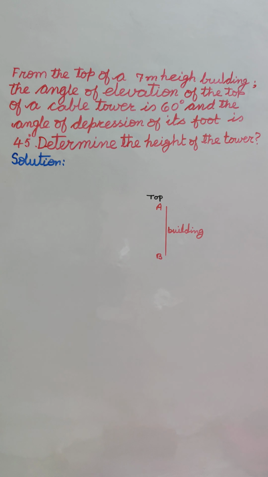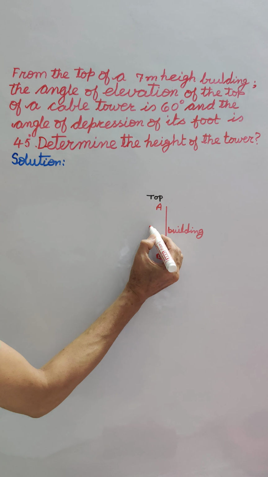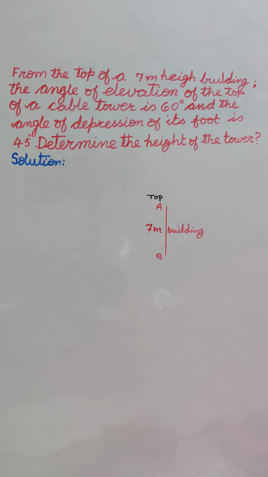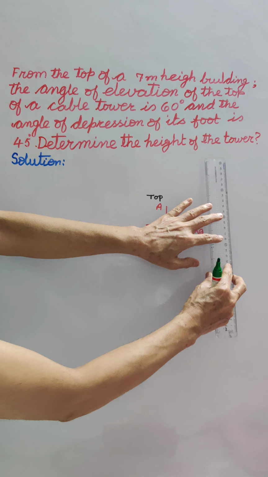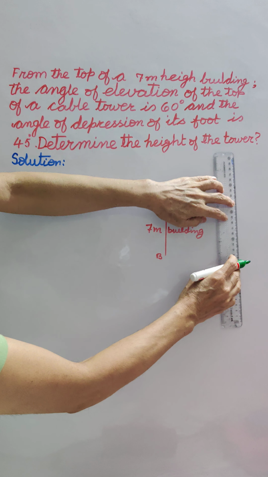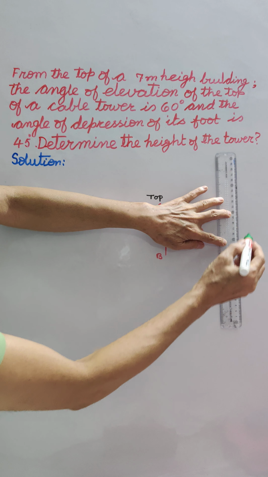Now, in front of this building, whose height is 7 meters, there is a cable tower. Let there be a tower in front of the building.